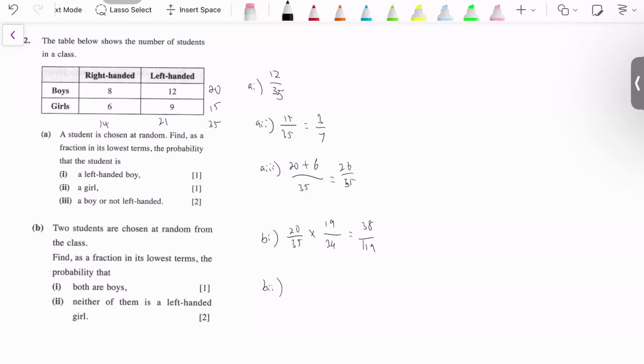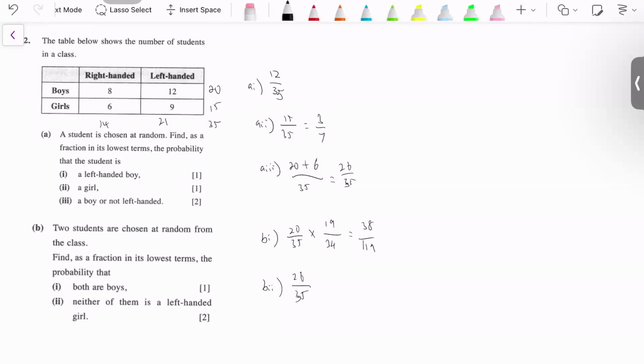The number of not left-handed girls is, sorry, 26 out of 35, because those who are not left-handed girls are the right-handed boys, left-handed boys, and right-handed girls. The only number that we're removing are the nine left-handed girls.